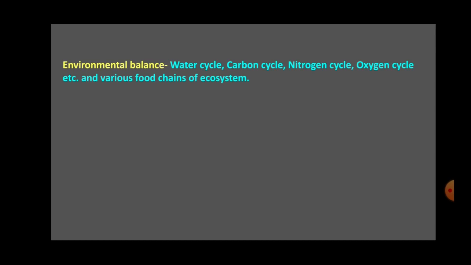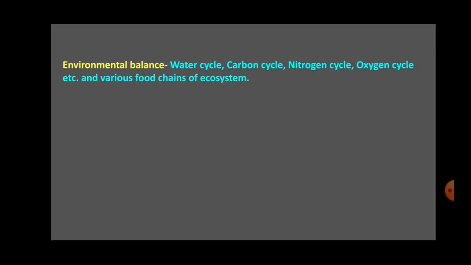Now, environmental balance. How is environmental balance maintained? There are various operations going on in nature. We have studied the food chain, food web. Then also the natural cycles, like the water cycle. We have studied the importance of the water cycle. The current season right now we are experiencing the rains, which are very much necessary.